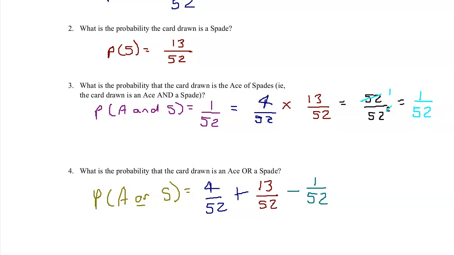The probability that we get an ace or a spade is the probability that we get an ace plus the probability that we get a spade, minus the double counting, minus the probability that we get the ace of spades, the probability of an ace and a spade. And when we do all that arithmetic, we wind up with the probability you draw either an ace or a spade is 16 out of 52.